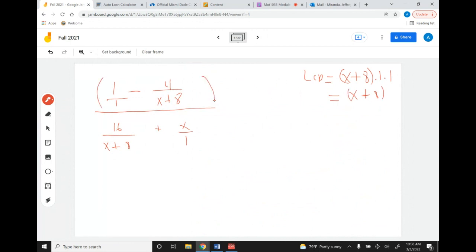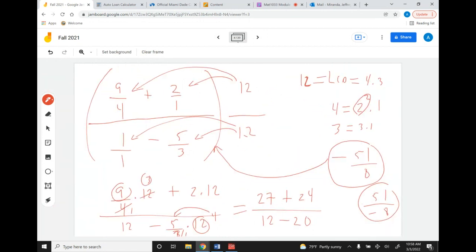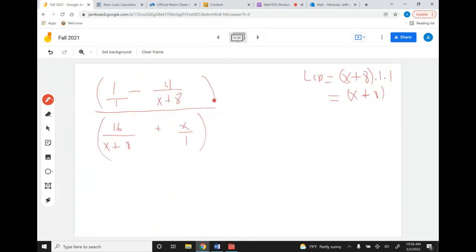So I'm going to do exactly what I did with the previous one, where I multiplied 12 divided by 12. Okay. So I'm going to multiply this top and bottom by x plus 8. And this one too. Okay, here we go. Here, here, here, and here.